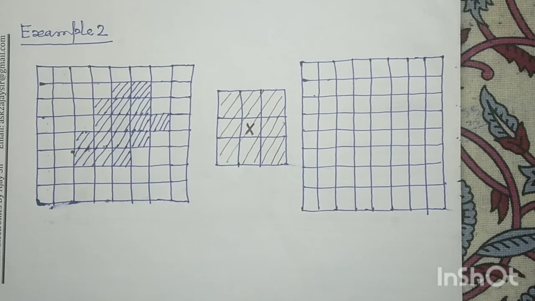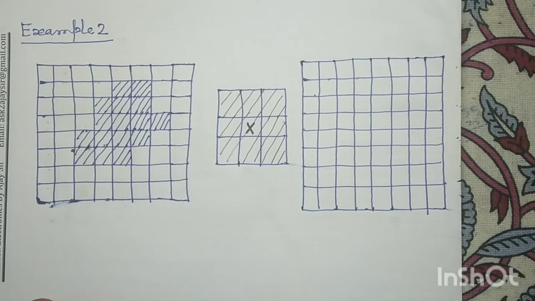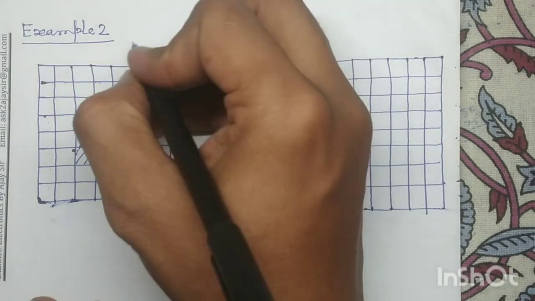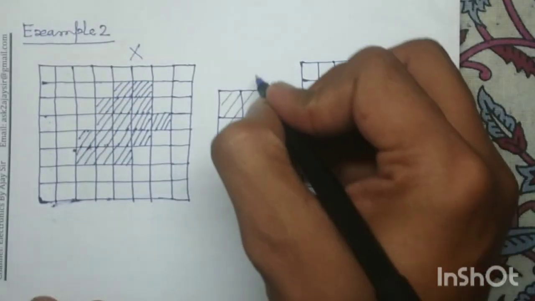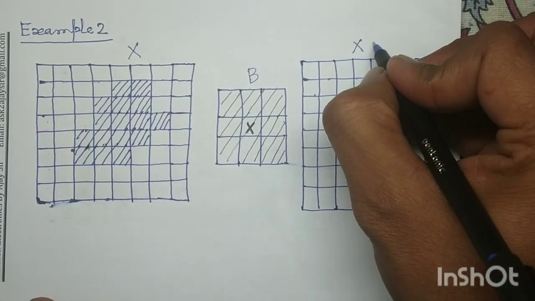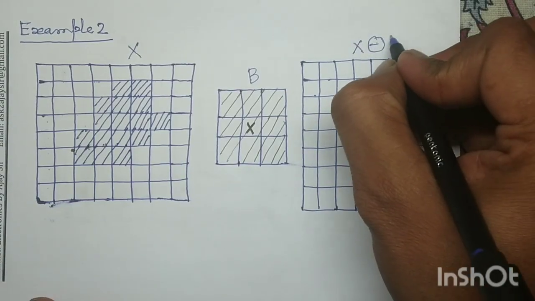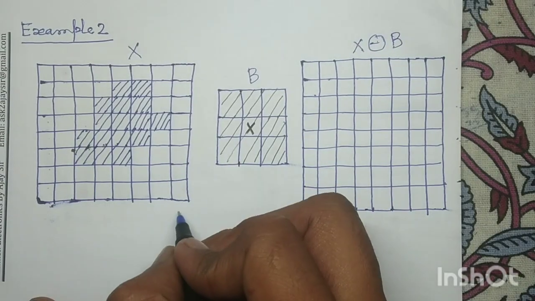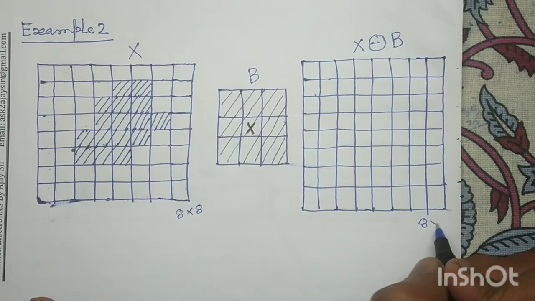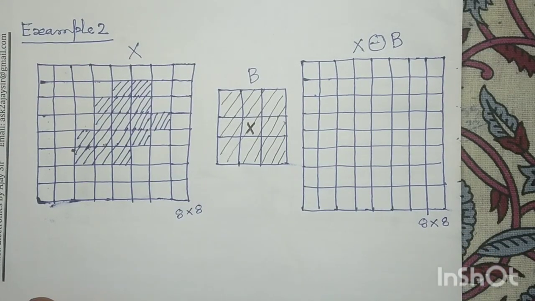Let us take one more example. And I think now this example we will solve in just a couple of minutes. So again, this is my input image X and this is my structuring element B. And here we have to draw the output X erosion with B. Since my input image has the dimension 8 cross 8, here also I have drawn an output image having the dimension 8 cross 8.